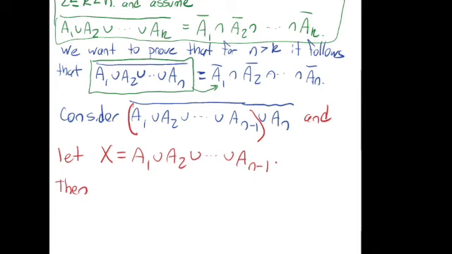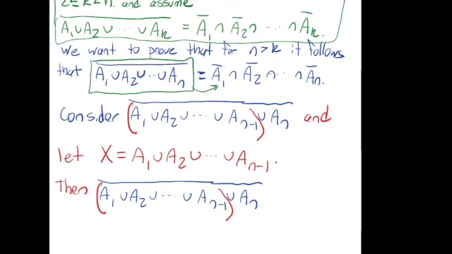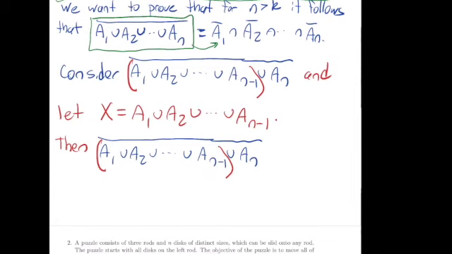Then what we can say is all of this stuff is reducing down into the complement of the union of two sets, which is just De Morgan's law. That's right.